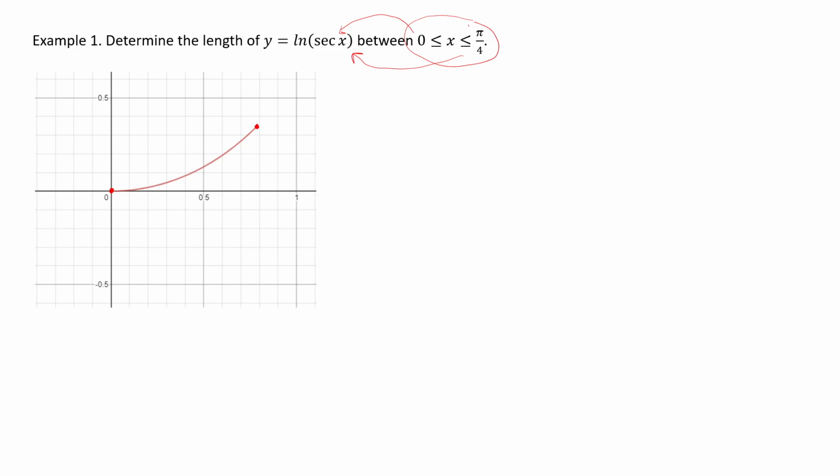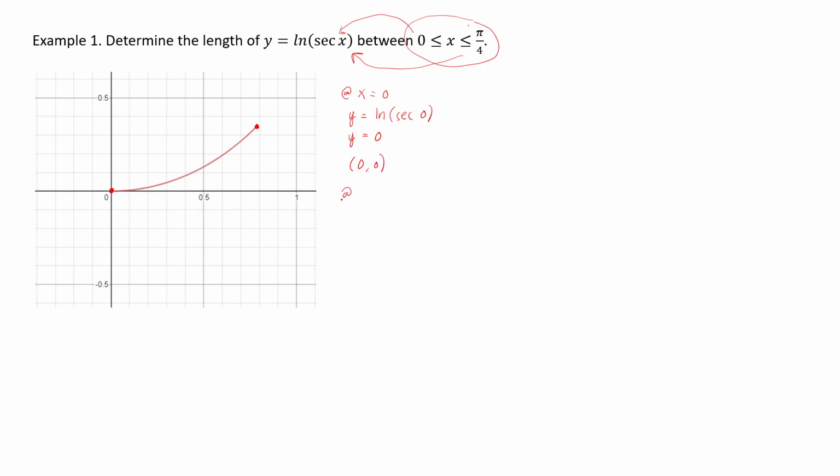So that's why graphing the arc length problem is simple, because you only have one equation and you are given the limits. For proof of your graph, all you have to do is put some solution, let's say at x equals 0. You're going to have y is equal to ln of secant 0, so y is equal to 0. Meaning the first point is at (0, 0).